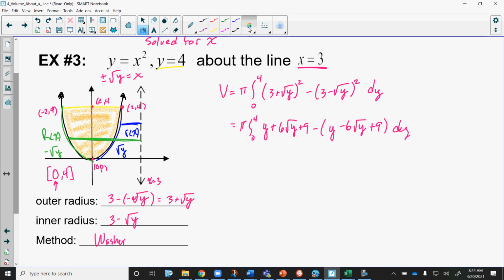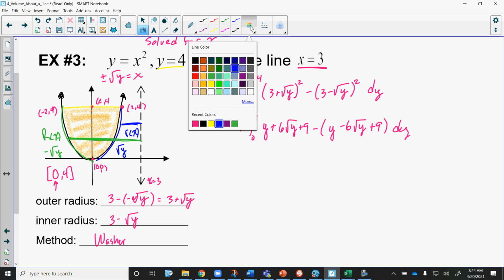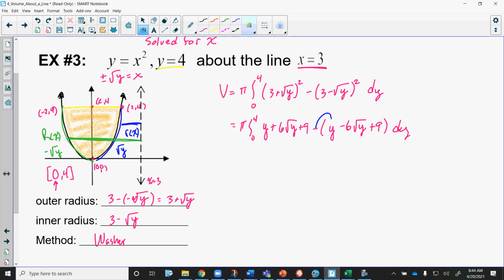Now we can see what's going to happen if I distribute that negative sign in. Here this becomes negative, here this becomes positive, here this becomes negative. So we can see that there's going to be quite a bit of canceling here.